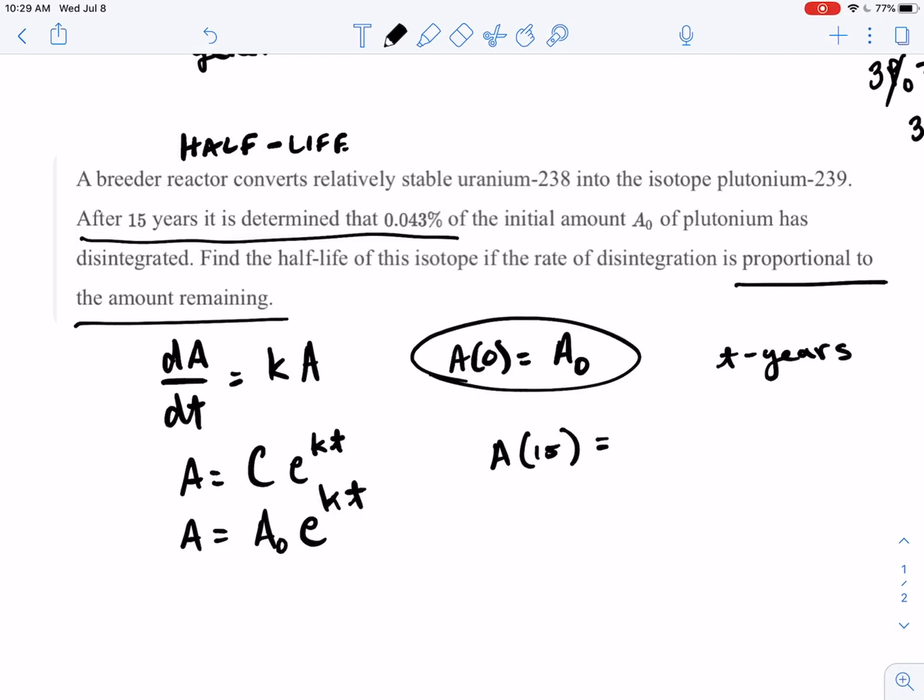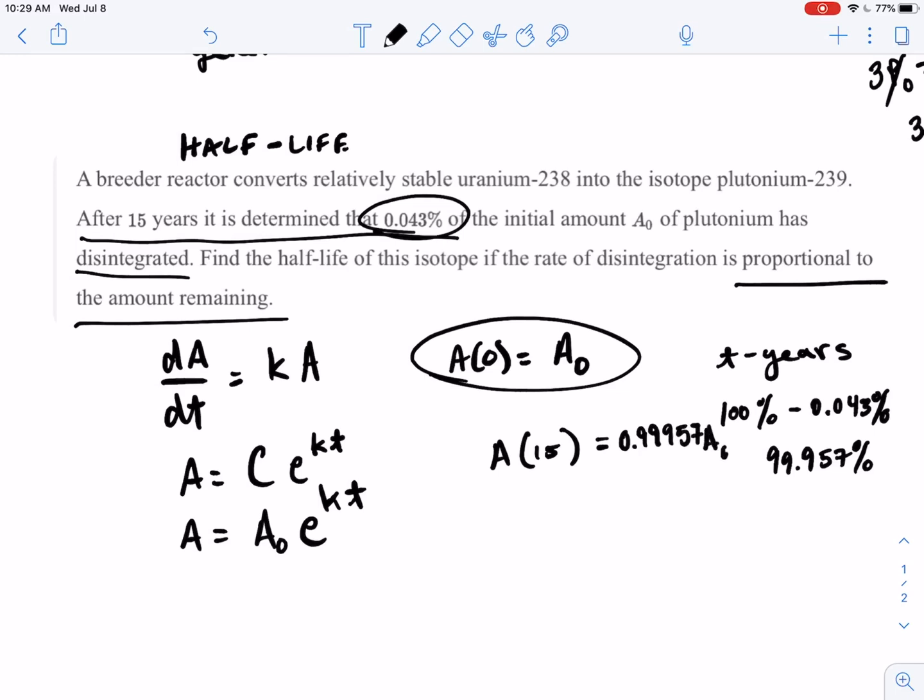So before I do that, the 0.043 has disintegrated. So let's do it this way, where we do 100% minus this 0.043, just to see how much is remaining from that. And that came out to that 99.957%. So I could write this as 0.99957 of that initial value.